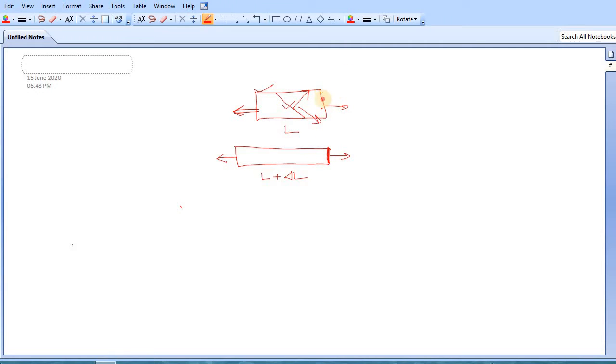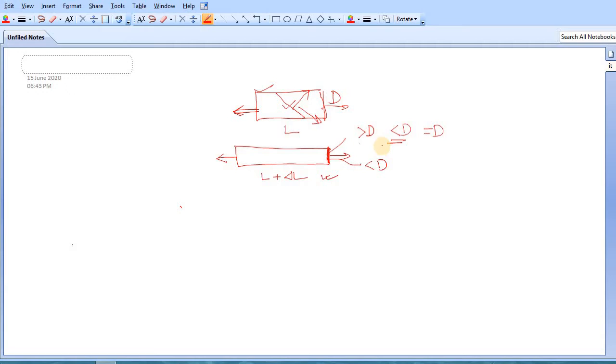Let's say previously it was D. Is this more than D, less than D, or equal to D? Obviously, from different experiments it has been observed that when the length is elongated, the cross-sectional dimension reduces. So in this case it will be less than D.